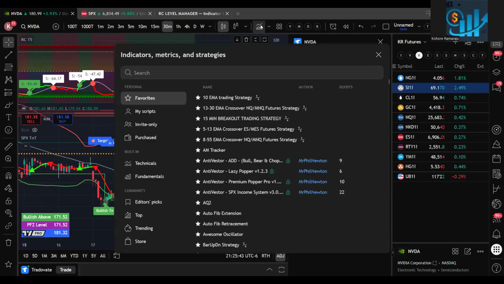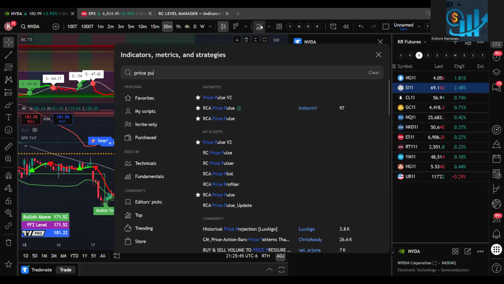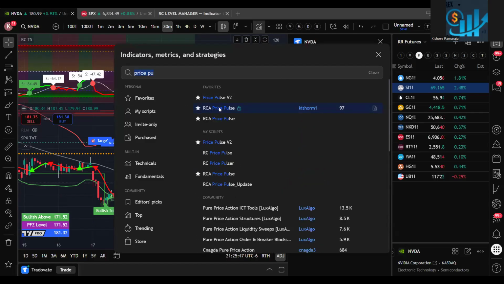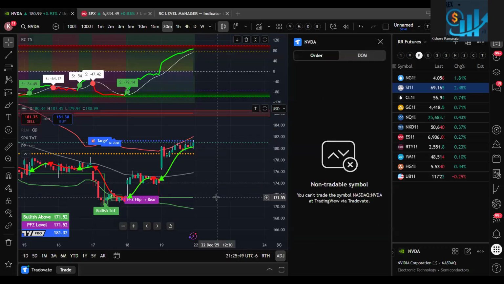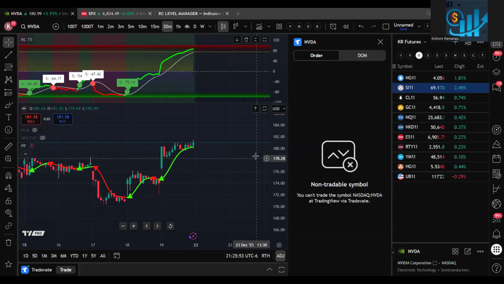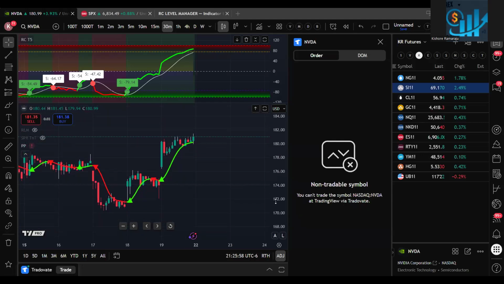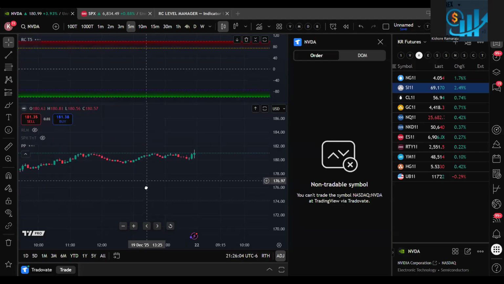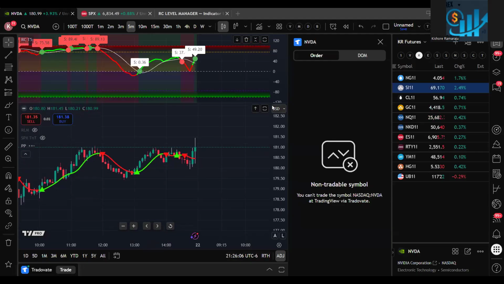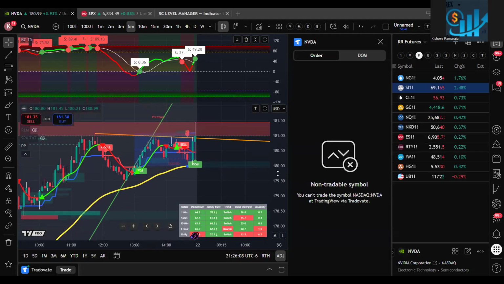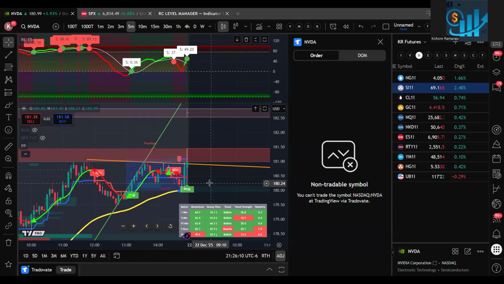Yeah, if you want, you can also use price pulse. It will also tell you where the sellers are. No, price came all the way to the premium zone.